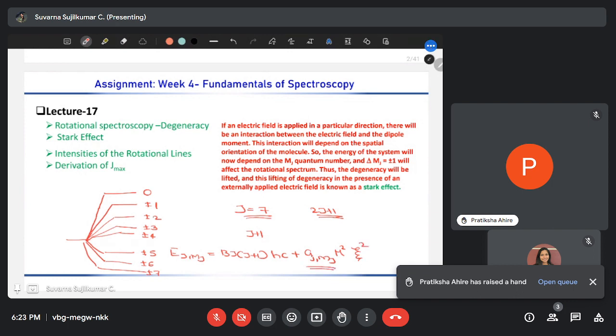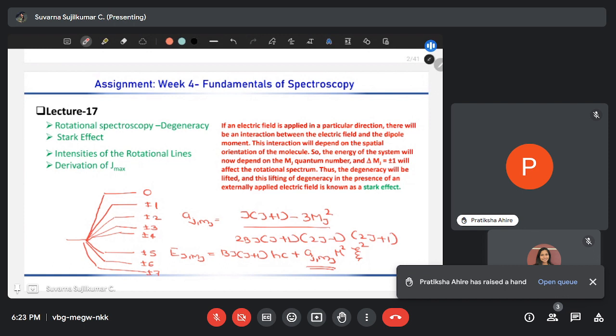Mathematically, this A term can be represented as A_J,M_J equal to J(J plus 1) minus 3 M_J square, divided by 2B J(J plus 1)(2J minus 1)(2J plus 3).